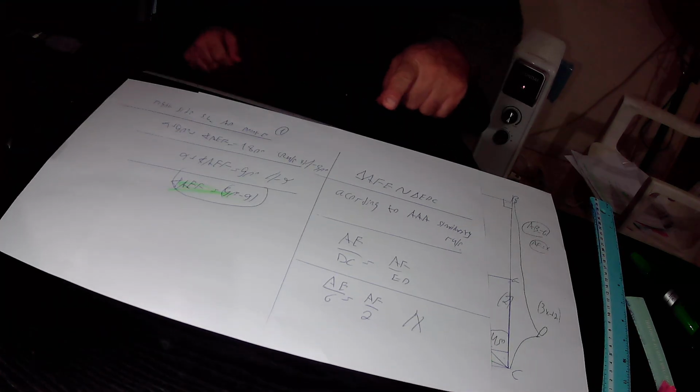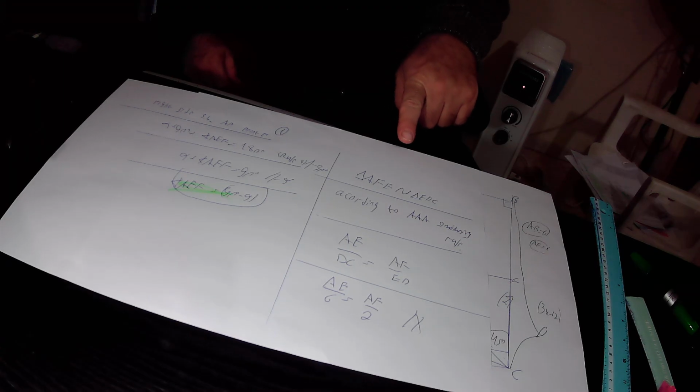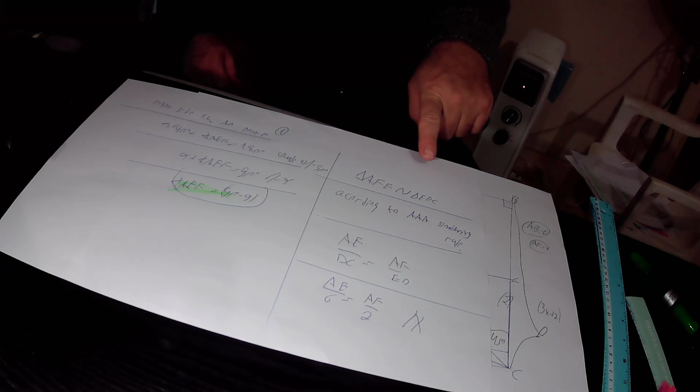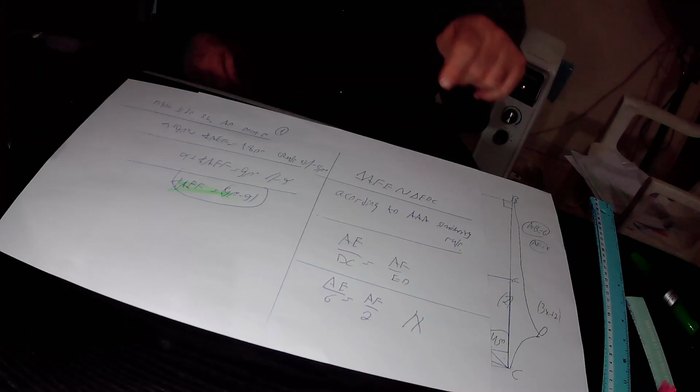Here again, we found out that the upper right triangle AFE is similar to the lower right triangle EDC according to the angle similarity rule.